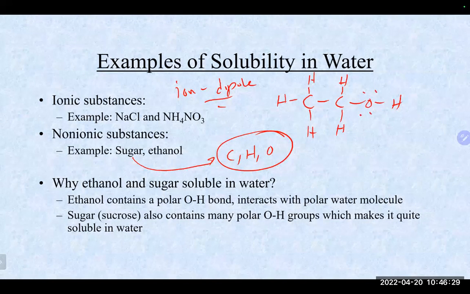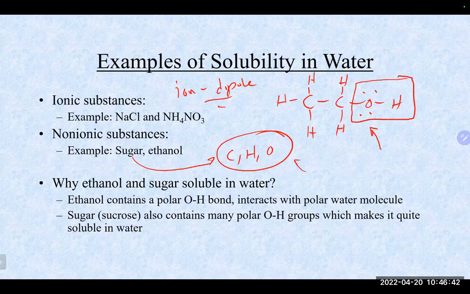So this is ethanol up here, and this is obviously the basis of sugar. And really what they both have in common is kind of what we were just talking about. They have this OH group. So something like ethanol here has the one OH group, and that is really the spot where it can interact with water.